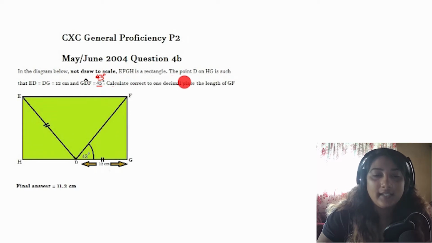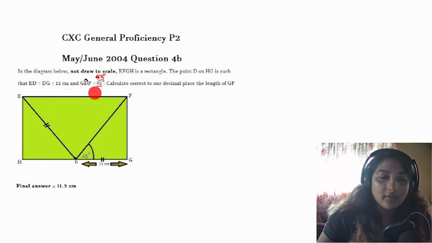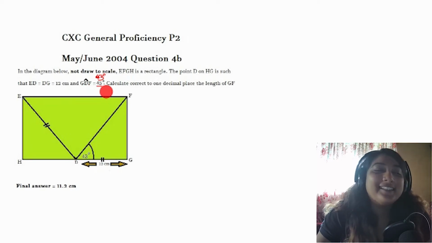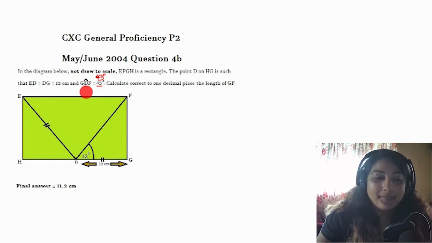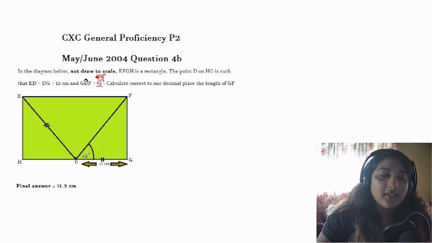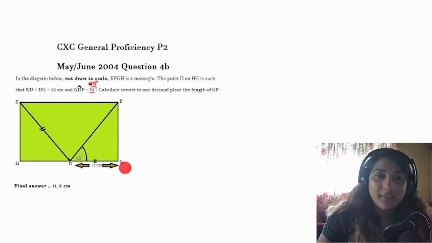The point D on HG is such that ED is equal to DG, which is equal to 12 centimeters. And GDF, this is a typographical error I made. I'm a human being. But the angle's magnitude should be 43 degrees, which I do have on the diagram. Alright, so the information is labeled appropriately on this diagram.